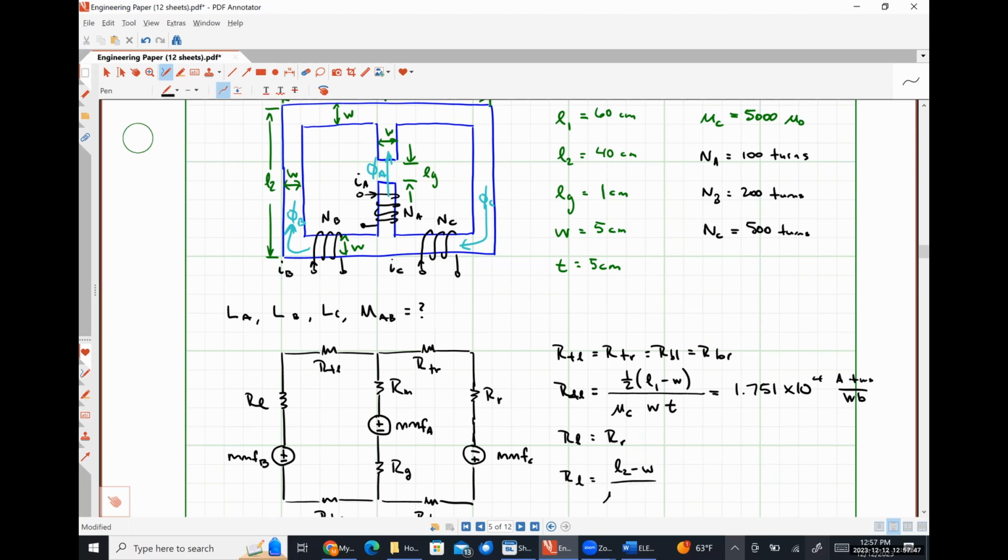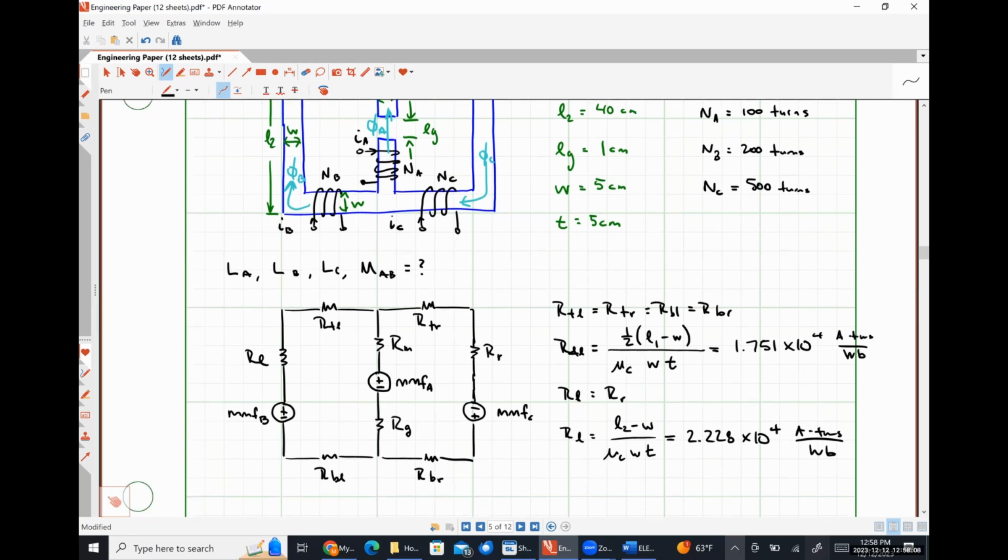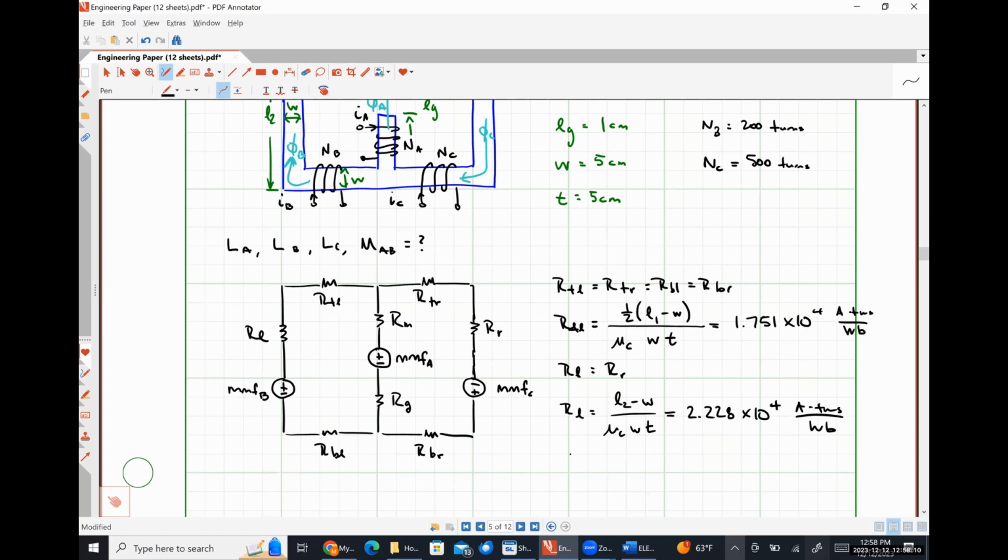Divided by UC times the width times the thickness. And numerically, I got 2.228 times 10 to the 4 amp turns per Weber here. So I think the only things that we're missing are the middle.